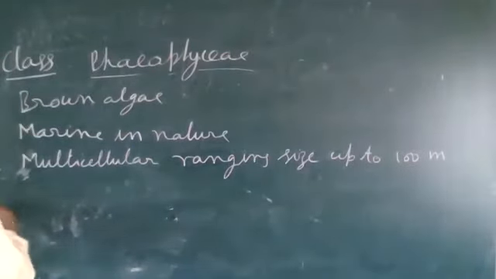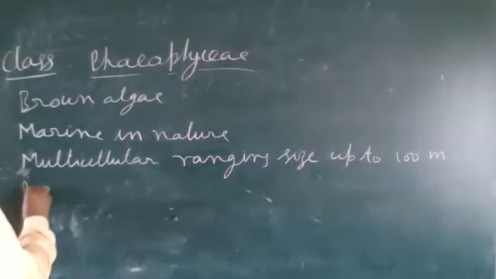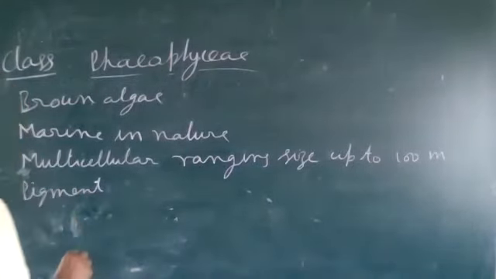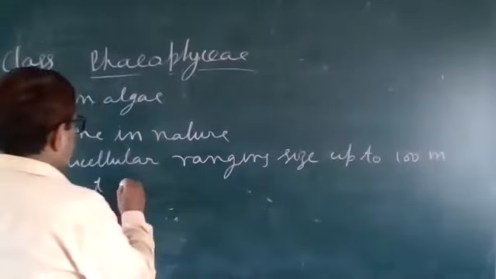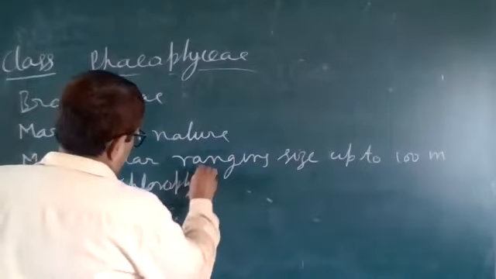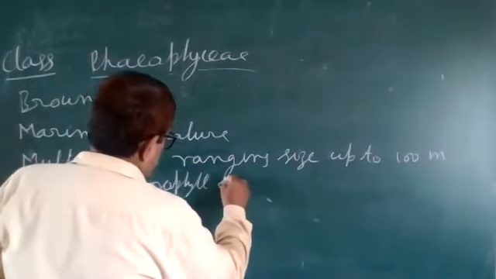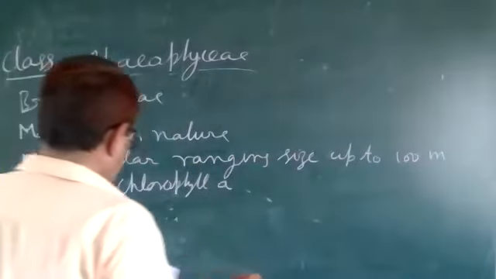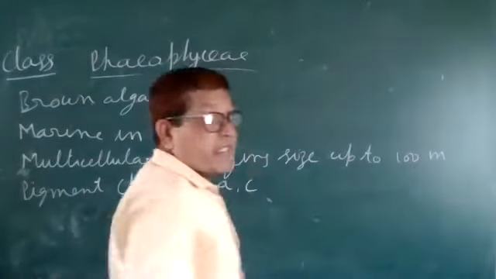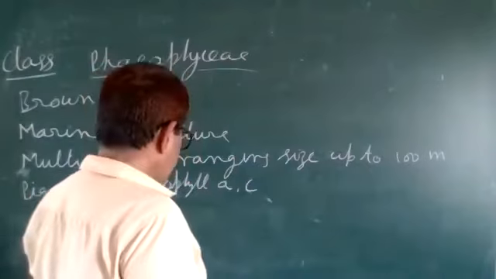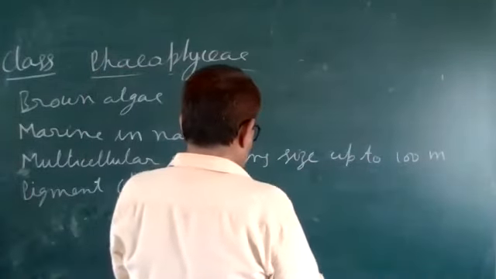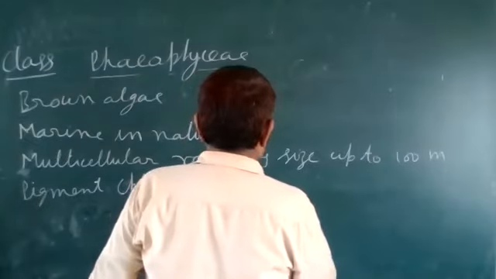Which type of pigment is there? Chlorophyll A and C; chlorophyll B is not present. Also carotenoids and xanthophylls.